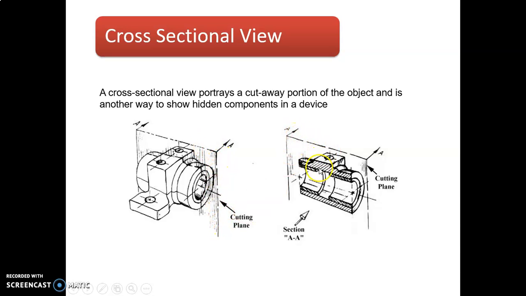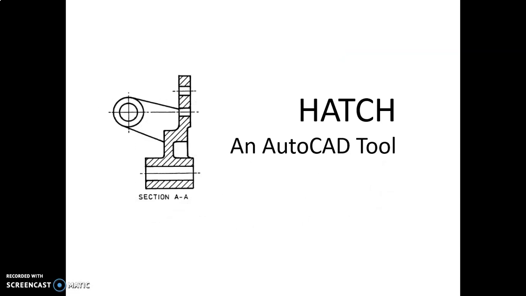And this is what we can see after the object has been cut in half. The hatched portion is filled, say it is iron, and the part that is not hatched is a hole. So we can see the cross-sectional view of an object.